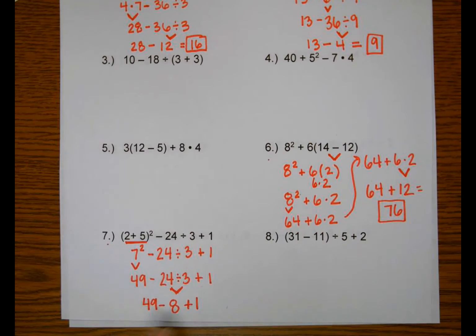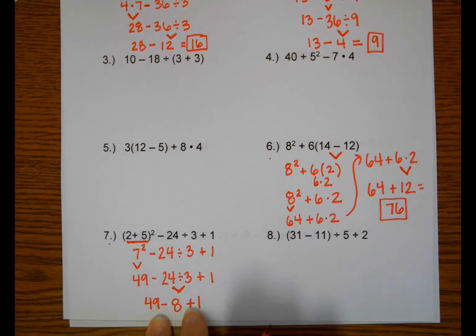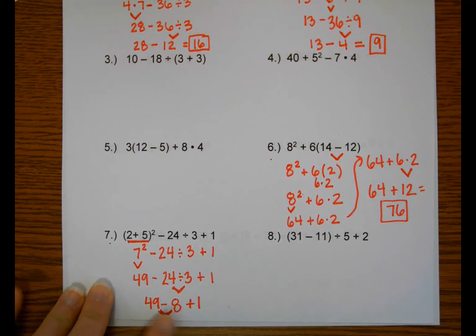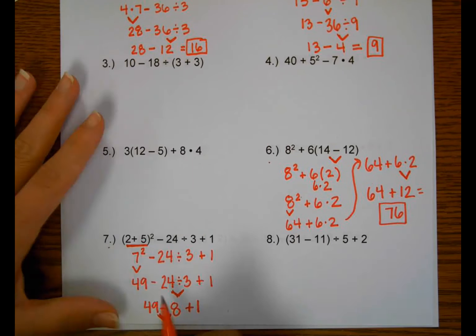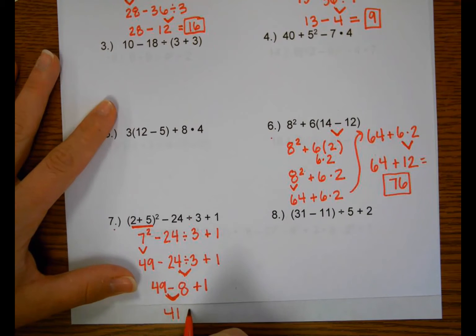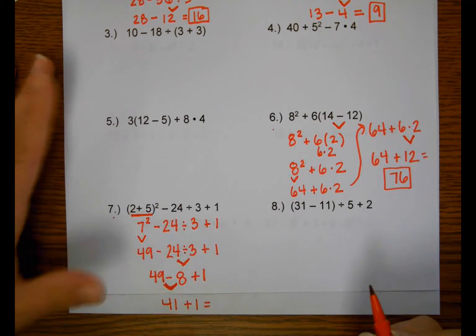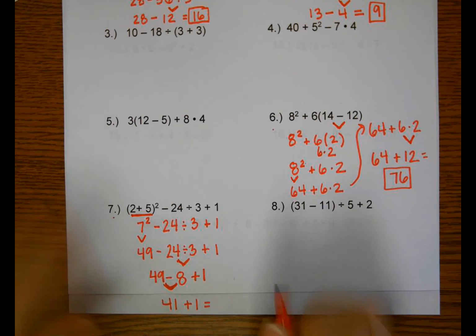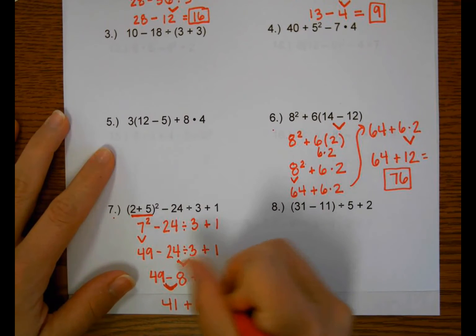So now I have a subtraction and addition, but remember, we do this from left to right. So if I look on the left side, I'm doing this piece first. I'm subtracting 49 minus 8 first, and then adding 1 after that. So 49 minus 8 would give me 41, and then I add that 1 to it. So you do not always do addition first. You go from left to right. So 41, then now that I add 1, I would get 42 as my answer.